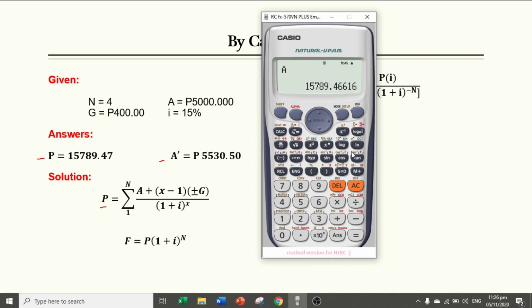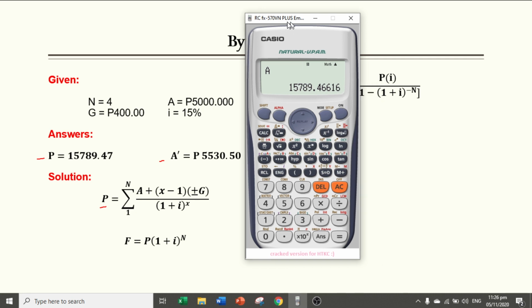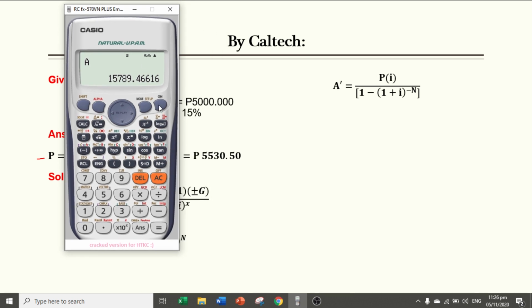So, 9 yan na pwede mong i-store yung sagot. Okay? Para hindi mo na siya tinatype as is. Okay. So, clear na natin kasi nasa A naman na, yung value ng P.